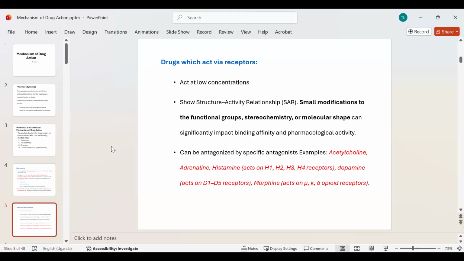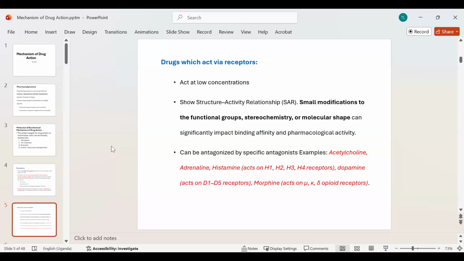There are quite a number of endogenous compounds and drugs that usually bind to receptors, and we shall see them as we go deep into our systemic pharmacology.